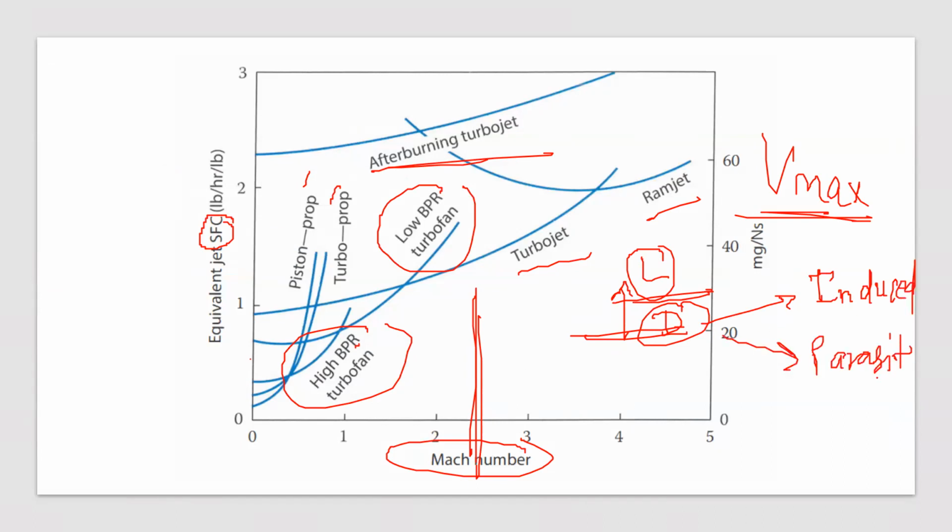I want you to understand what is the difference between induced drag and parasite drag. "Sir, induced drag comes from lift, but the parasite drag is due to skin friction, interference drag and the form drag." Exactly. So skin friction is a major component of parasite drag.